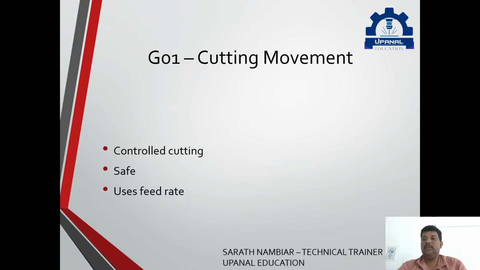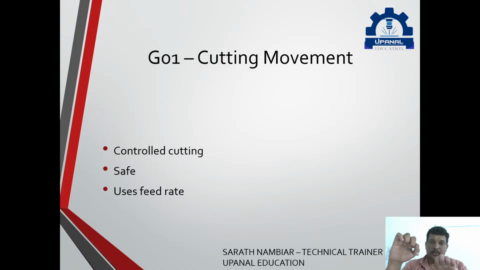Now, if G00 is dangerous, which one do we use? We go for G01. What is happening in G01? It is like going slowly. It will have a control. We will give a control limit. We'll tell it to go only 200 mm per minute or 1500 mm per minute. Whatever feed we give, it will go only at that speed, and it will remove the material.